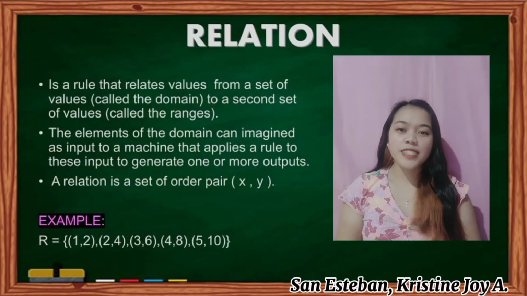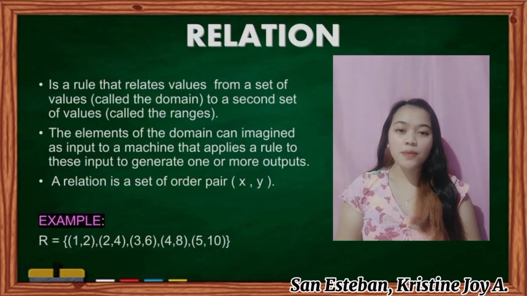We are going to discuss the language of relations and functions. A relation is a rule that relates values from a set of values, which we call the domain, to a second set of values, which we call the range.